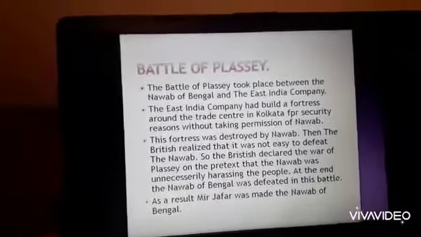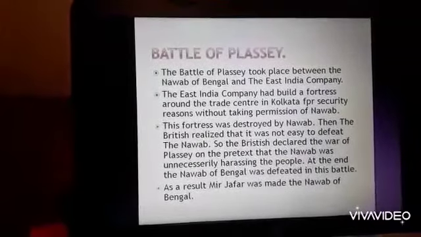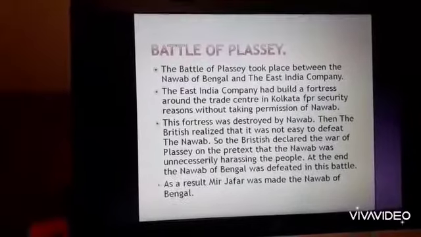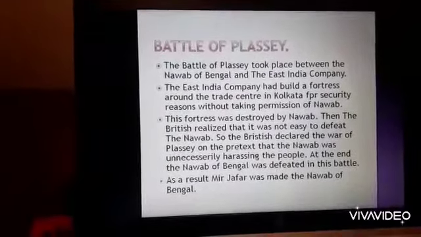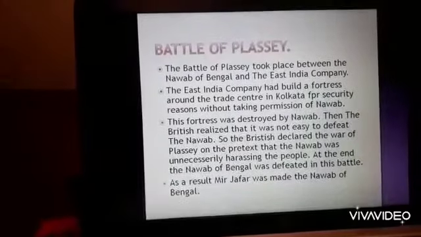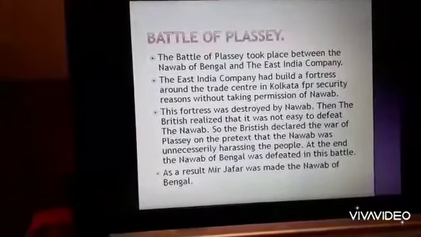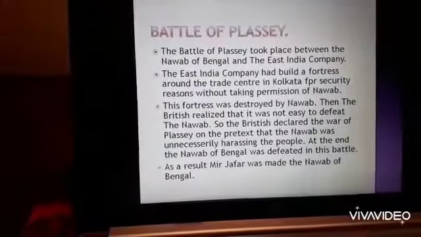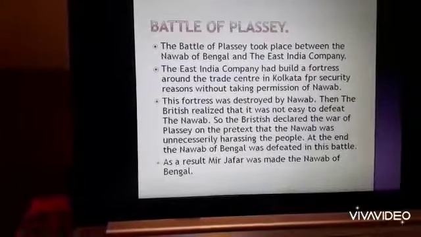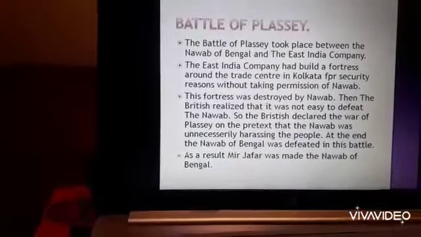Now students, we have the important topic, that is the Battle of Plassey. The Battle of Plassey took place between the Nawab of Bengal and the East India Company. The East India Company had built a fortress around the trade center in Kolkata for security reasons without taking permission from the Nawab.